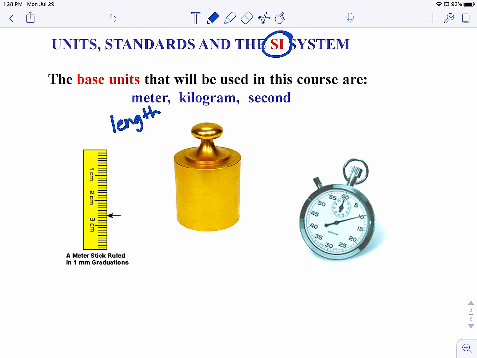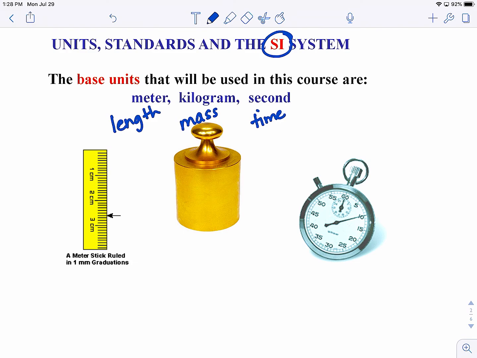We have the kilogram, which we know the physical quantity in that case is the mass or the amount of matter. And then we have the second, which we know in that case the physical quantity being measured is time. So these are our big three base units that we're going to use in this course.